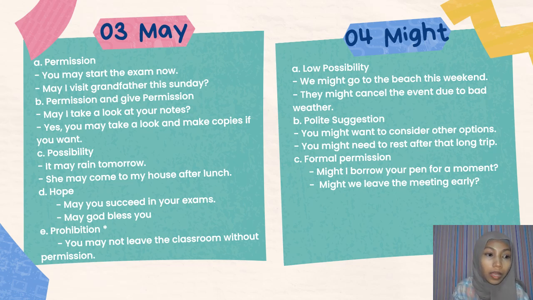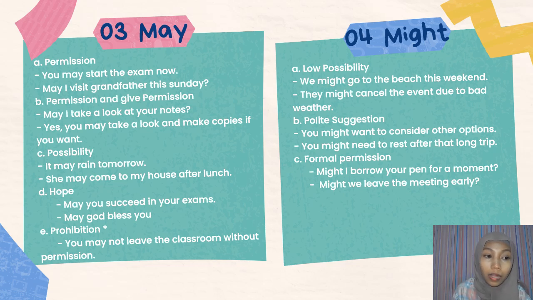The fourth is might. Low possibility. Might is used to state a lower or less certain possibility than may. We might go to the beach this weekend. They might cancel the event due to bad weather.